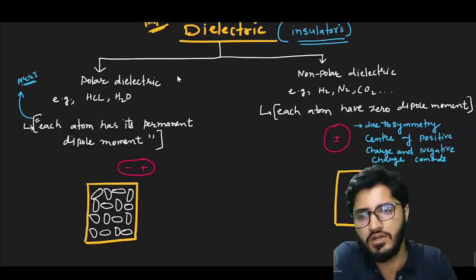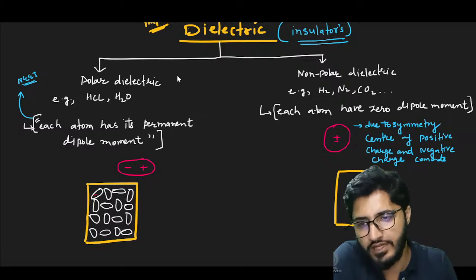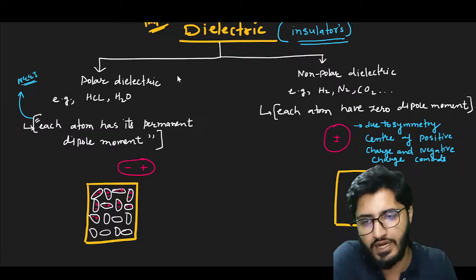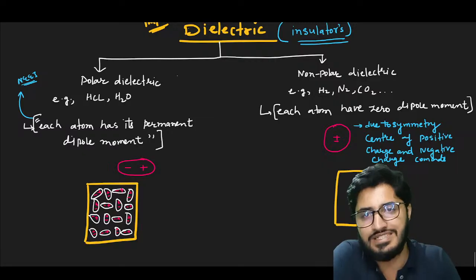Look now. Suppose negative, positive, negative, positive, negative, positive, negative, positive. Each particle has its own dipole moment. We know it very well. But what is the net?